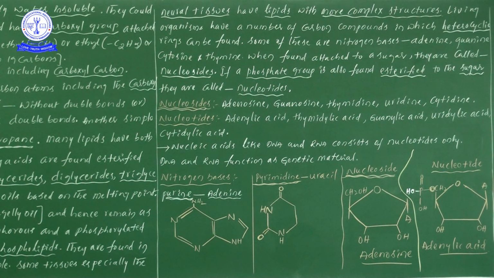Let me explain the phosphate structure once. P will be at the center, with a double bond to oxygen, and 3 OH groups are there. Here one OH from the phosphate and one H from the CH2OH react and release water. That's why the phosphate is attached to the 5th carbon of the pentose sugar.